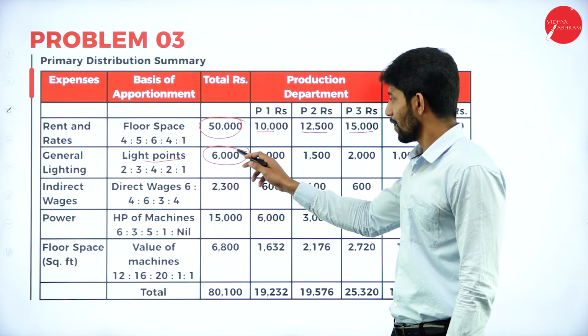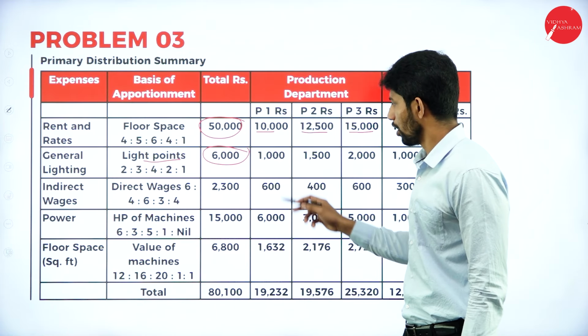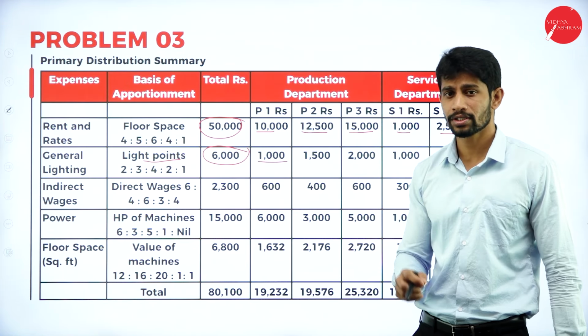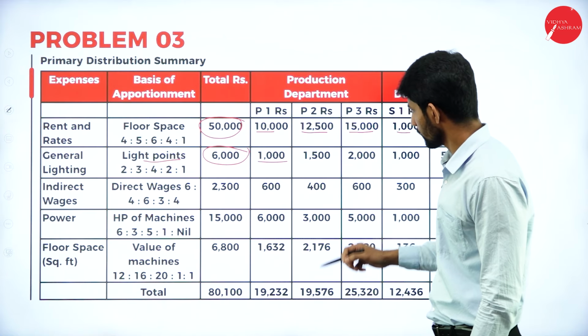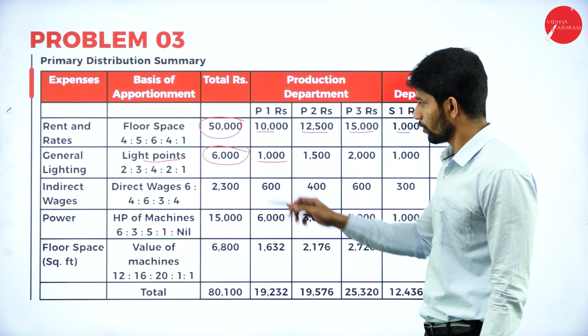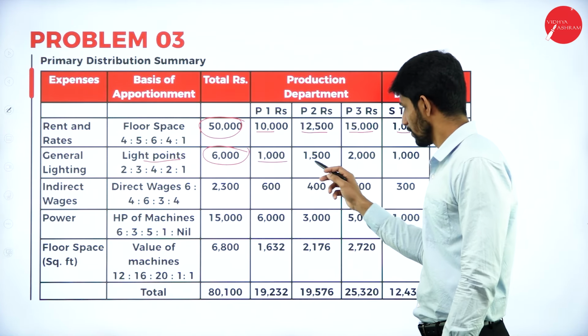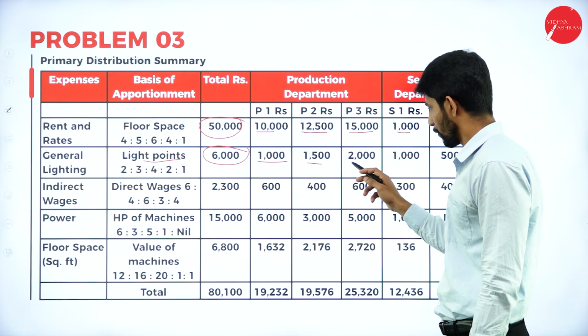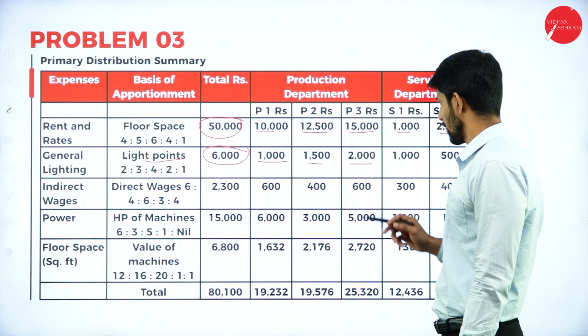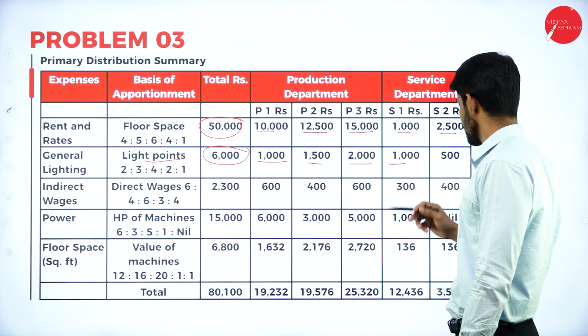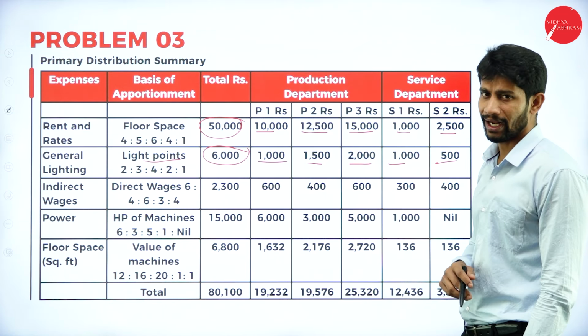So 6,000 into 2 divided by 12, how much will you get? 1,000 for production department 1. Next, production department 2, 3 divided by 12, you will get 1,500. Likewise, for production department 3, it is 2,000. Service department 1, 1,000. Service department 2, 500.